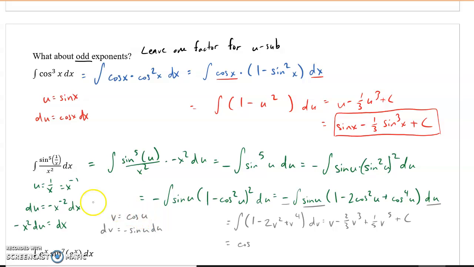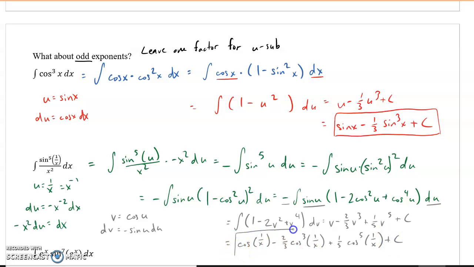But wait a second, u is not part of our original problem. u is equal to 1 over x. So we get cosine of 1 over x minus 2/3 cosine cubed of 1 over x plus 1/5 cosine to the fifth of 1 over x plus c.